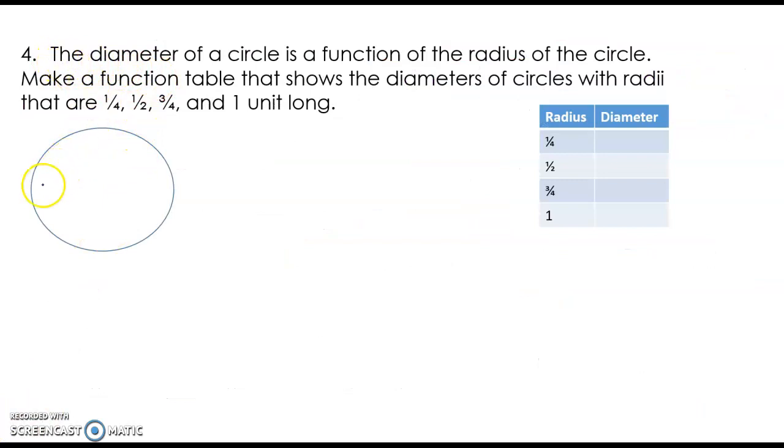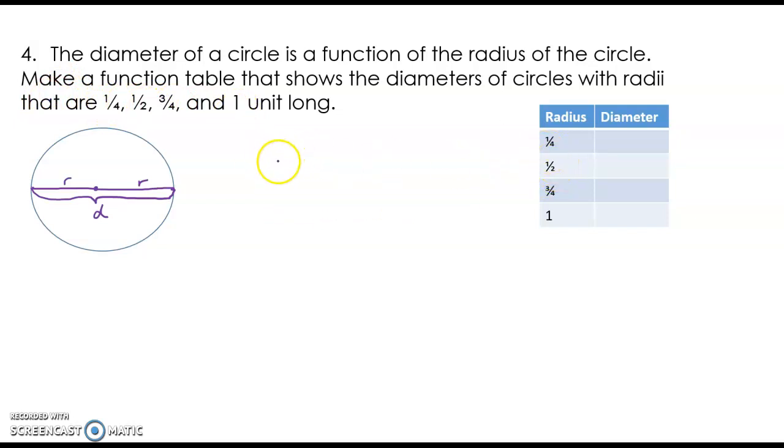Number 4, the diameter. Now remember, the diameter is a chord, starts and stops on the circle and goes through the center. Longest chord in the circle is a function of the radius of the circle. So we know that this is a radius and this is a radius, and the whole thing is the diameter, right? Make a function table. So I have one over here that shows the diameters of circles with radii that are 1/4, 1/2, 3/4, and 1 unit long.